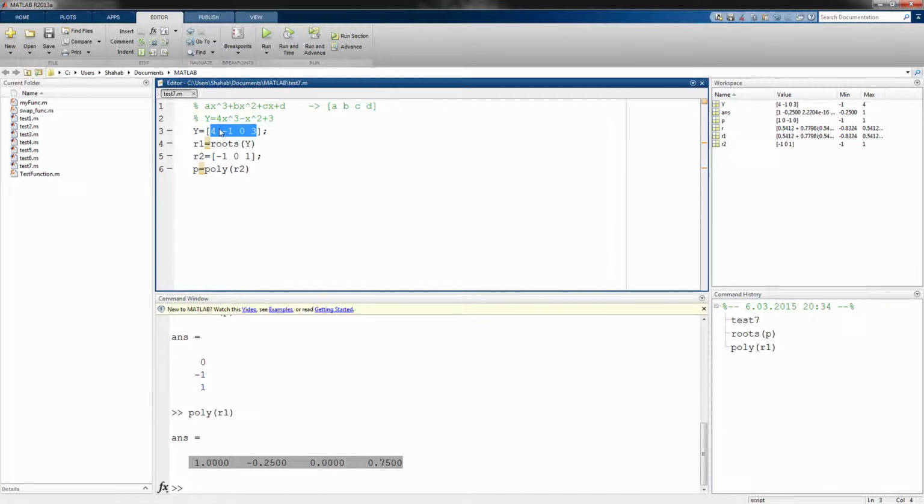The reason they are not the same at first look is that in MATLAB the highest-term coefficient of the polynomial from poly is always 1. In other words, if I want to make a 1, I have to divide the whole y by 4. So 4 divided by 4 is 1, minus 1 divided by 4 is minus 0.25, and so on. You can see they correspond to each other.